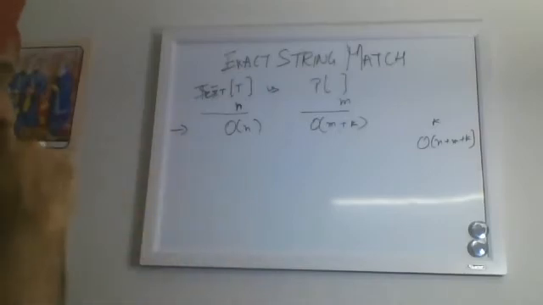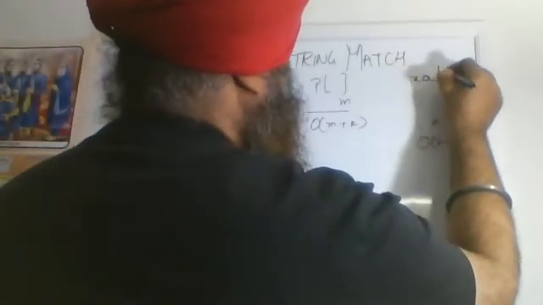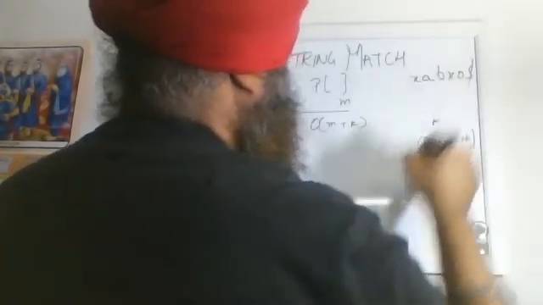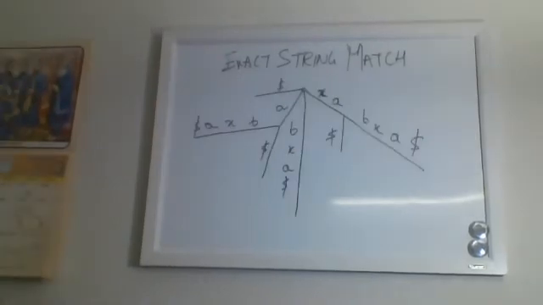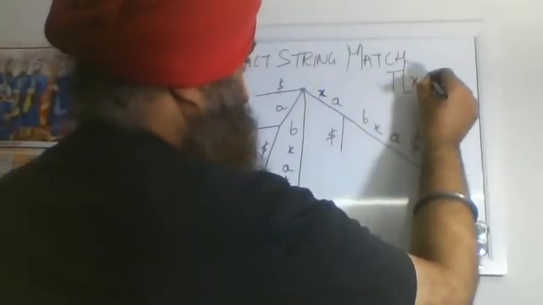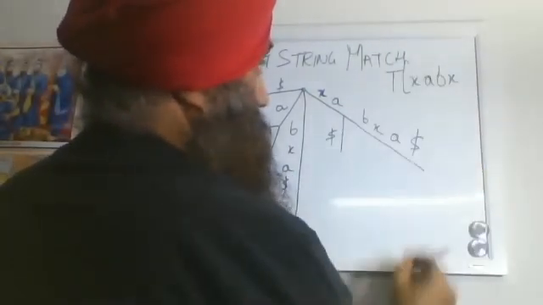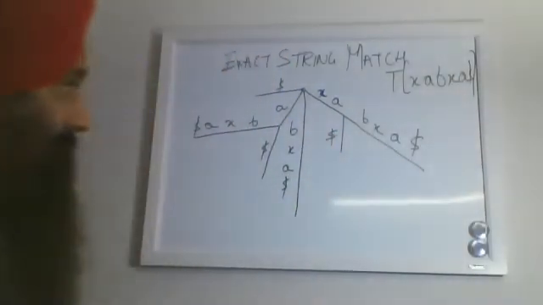So this is one variation. Let me explain this with an example. Let me enlarge it. Exact string matching: let's consider a text T, which is X, A, B, X, A. We suffix a dollar to it.